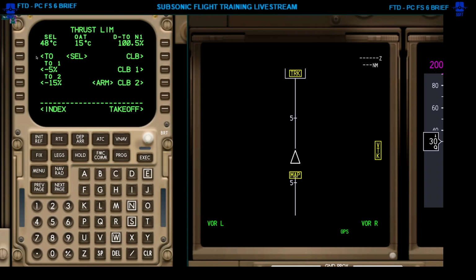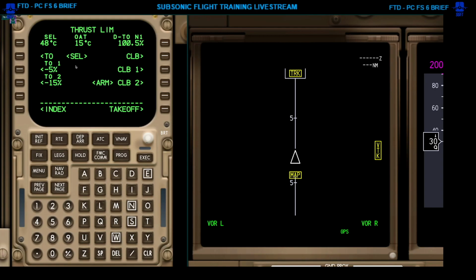Again, in the airplane, or the simulator, that would be a lot quicker than that. You'll notice when you put the assumed temperature in, it's going to use full TO thrust, but with that assumed temperature of 48. And in this case, it arms climb 2.